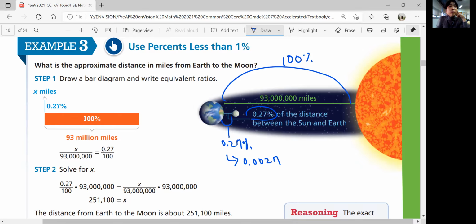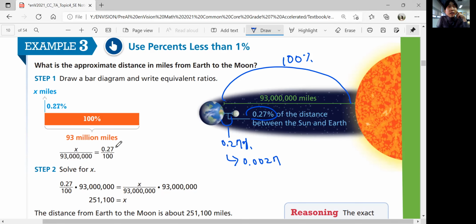First, you're going to draw a bar diagram. Obviously, it's going to be super thin. 0.27% should be less than 1%, and 1% out of 100 is very small. So 93 million miles is 100%. Write a proportion: x over 93 million is equal to 0.27 over 100.